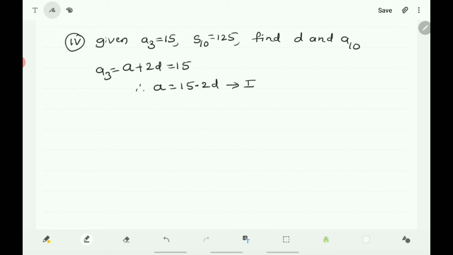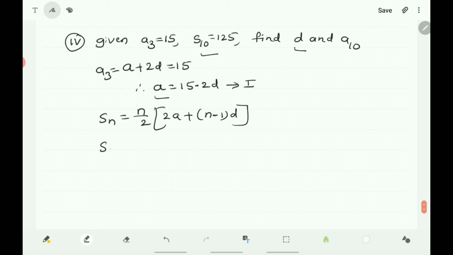Then here S10 is given, and you got a here, and use d only. Then Sn is equal to n by 2 into 2a plus n minus 1 into d.